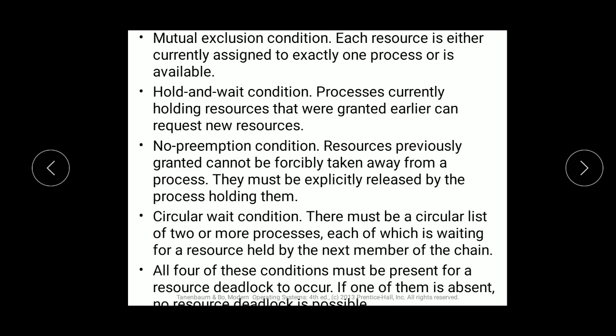So all four of these conditions must be present for a resource deadlock to occur. If any one of them is absent, suppose there is no hold and wait condition, there would never be a deadlock.